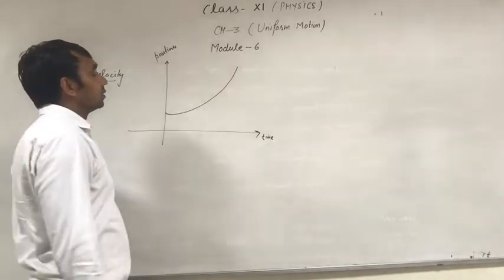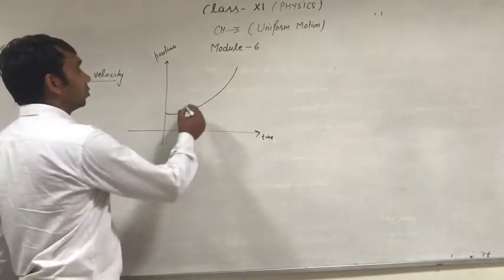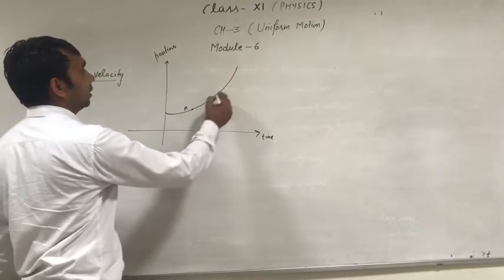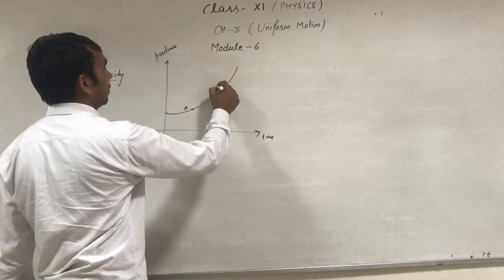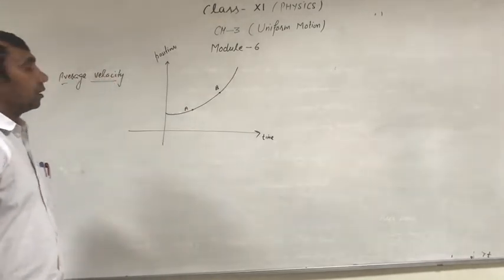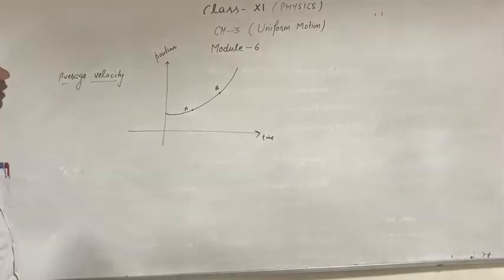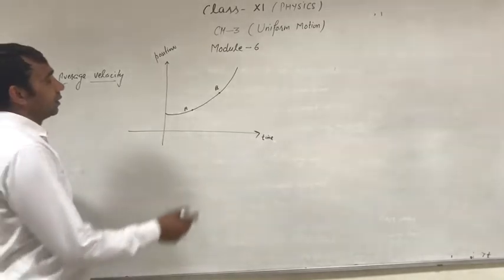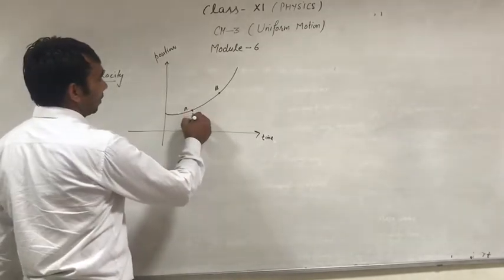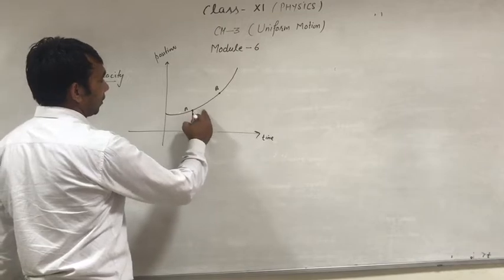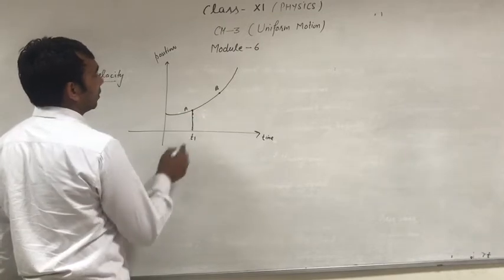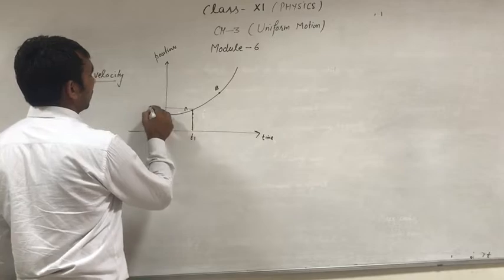Now let us take two points on this graph. This is point A and this is point B. Draw the perpendicular from points A and B corresponding to time t1 and position x1.